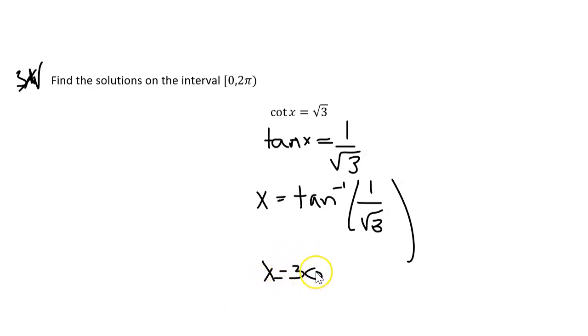Well, tangent is not defined every 360 degrees, but it's actually defined every pi. So my answer is going to be 30 degrees plus or minus pi n, and 30 degrees is a degree, so pi 6 plus or minus pi n. And by adding the pi n, this is actually going to encompass the answer in quadrant 3, where tangent is also 1 over rad 3.